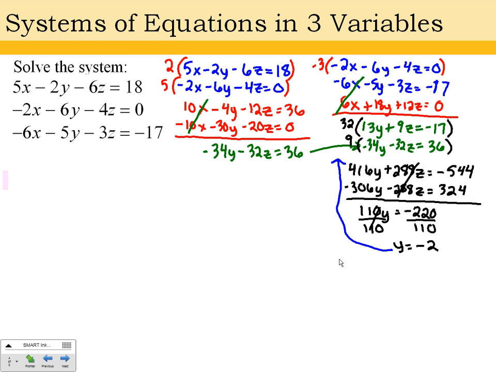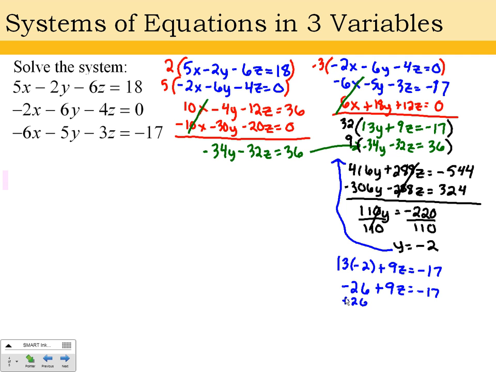So I'm going to plug it into the 13y plus 9z equals negative 17, because that one has the smallest numbers out of all of them. So 13 times negative 2 is negative 26 plus 9z equals negative 17.